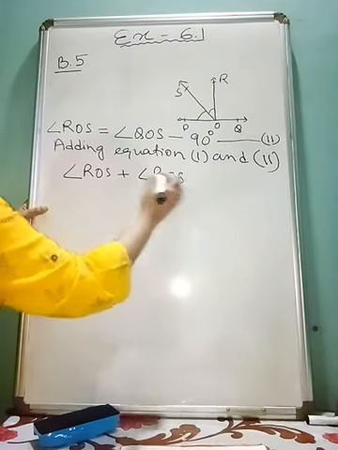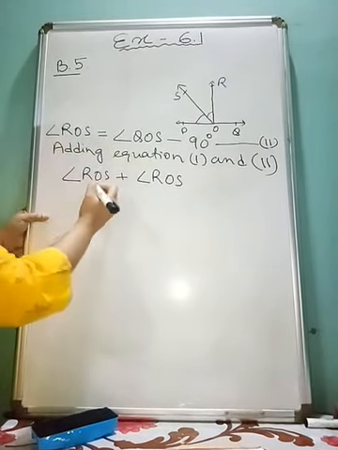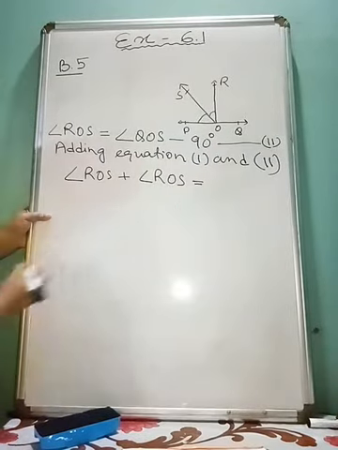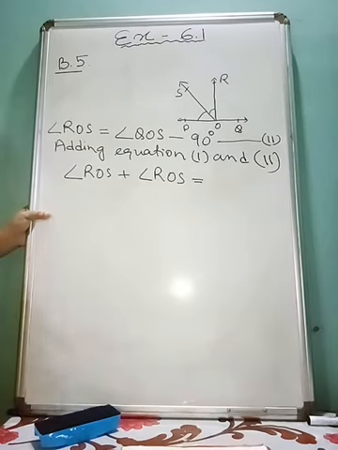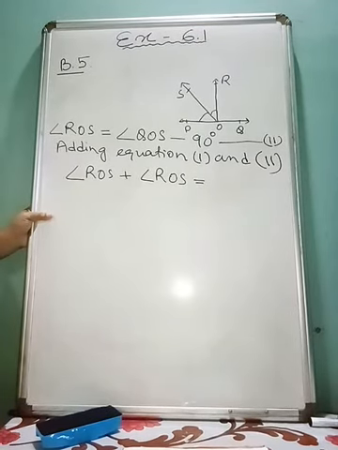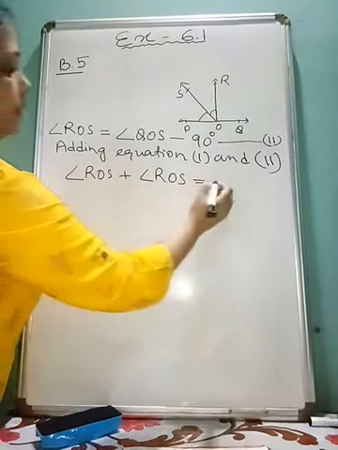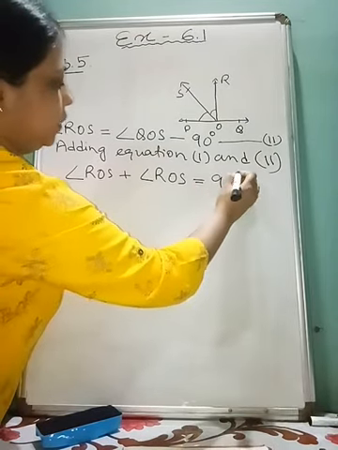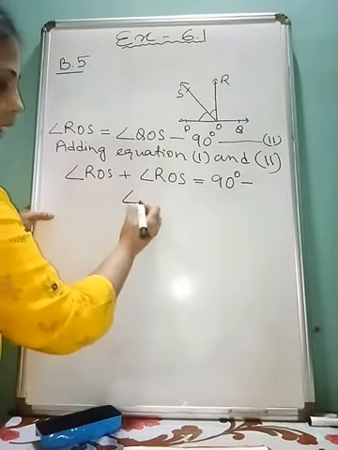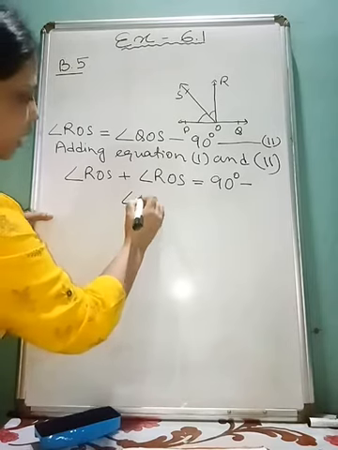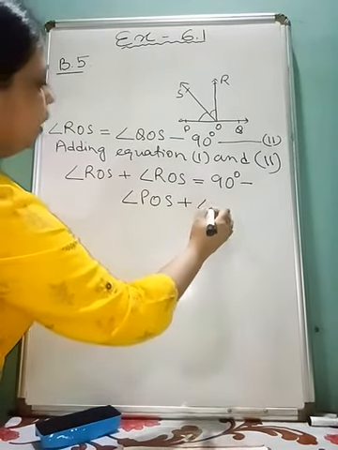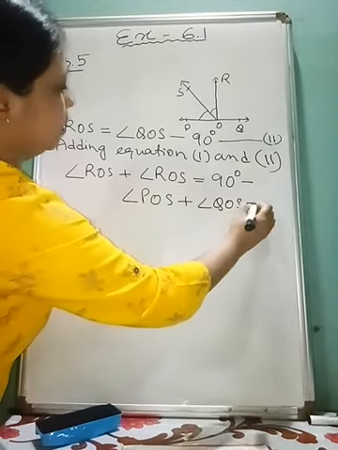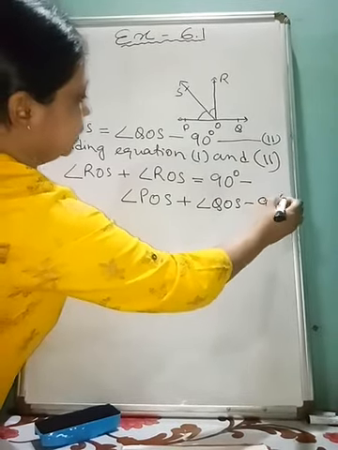Whatever is on the left hand side, we will add it together, equal to. On the right hand side we have 90 degree minus angle POS, plus from here we have QOS minus 90 degree.